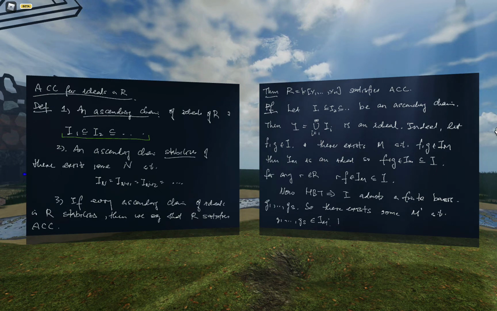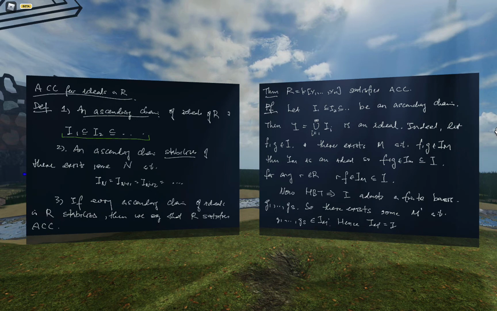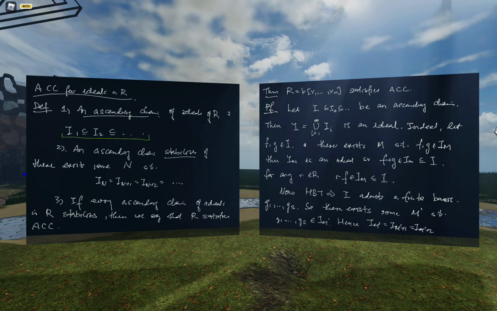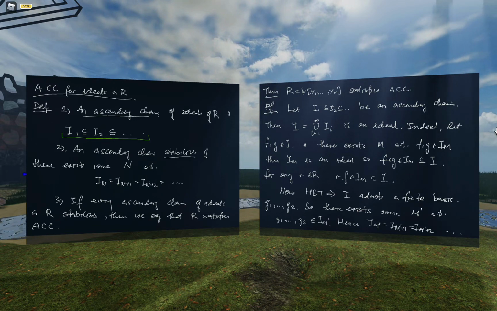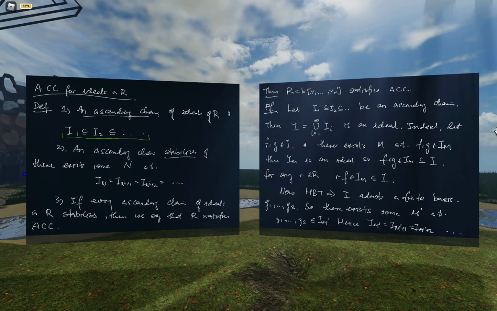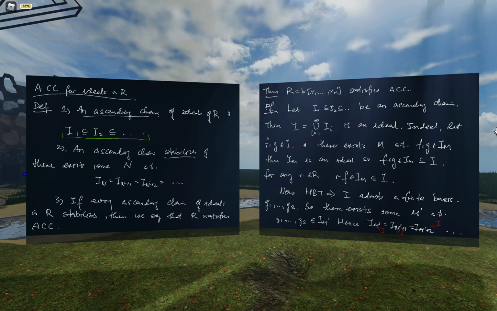And so I_m' equals I_(m'+1) equals I_(m'+2), and so on, because all of these are contained in I. I_m' is actually already equal to I, and this is equal to I, this is equal to I, and that's it.